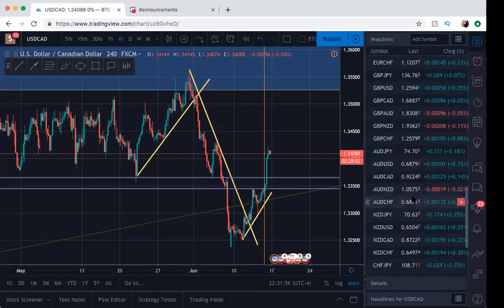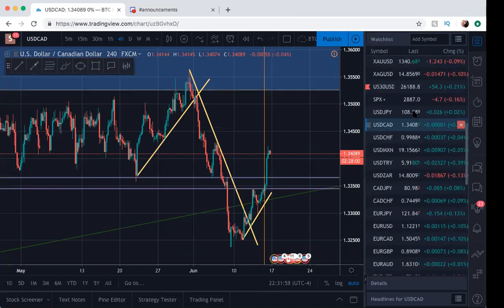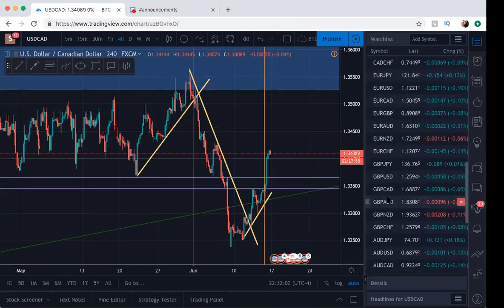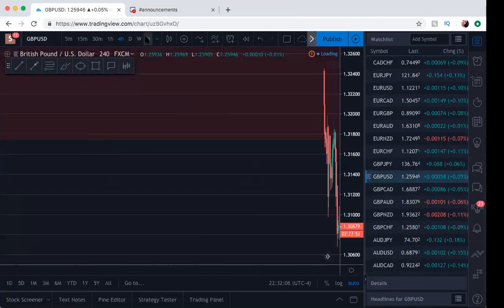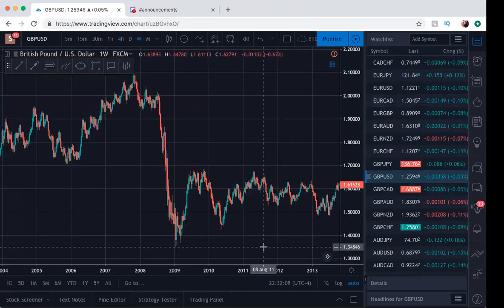So I'll go to a GBP pair because they have high volume. So again, let's go to GBP USD. I mean, you can do this on every time frame. It's most effective on daily, weekly, monthly areas, but I've done it on 4 hours.